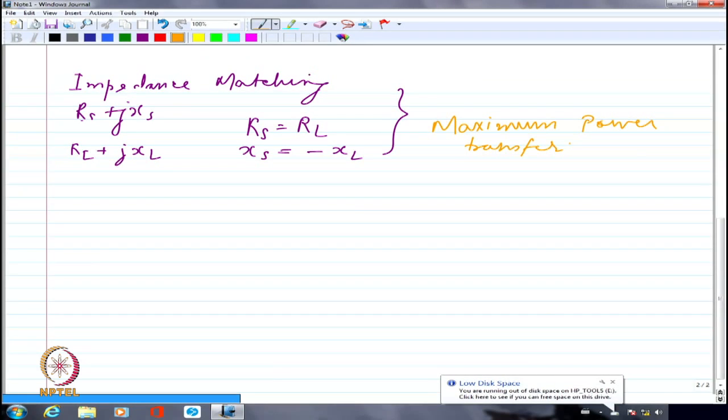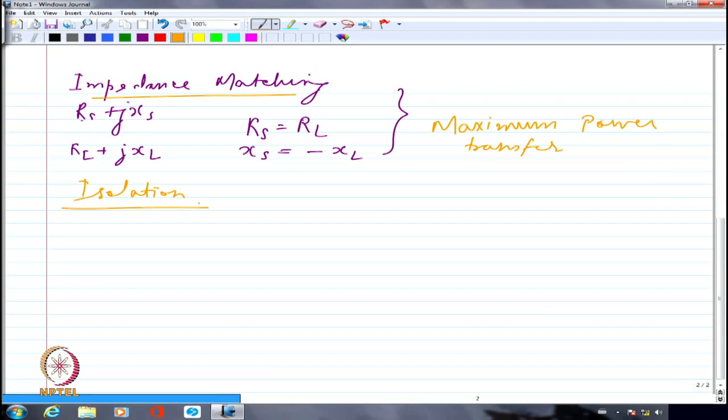Another application I would say is isolation. Isolation is between a high voltage and the low voltage. I might like to have some amount of separation between their grounds. I don't want them to be connected to the same ground.